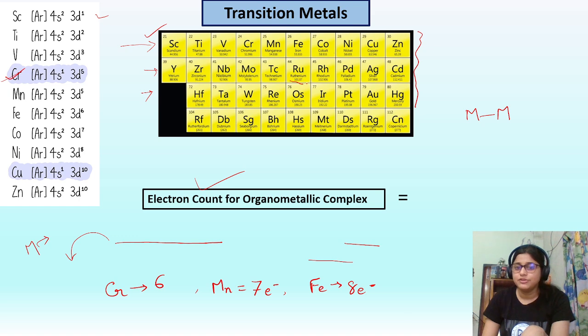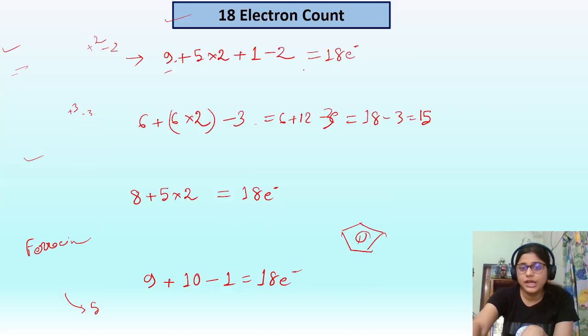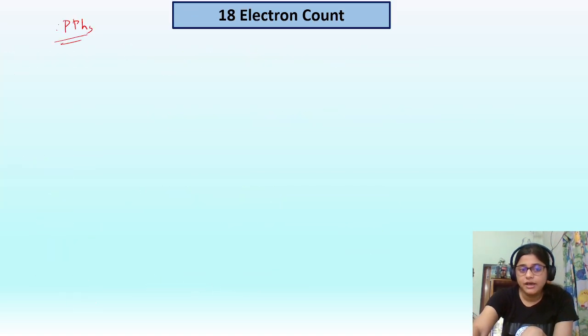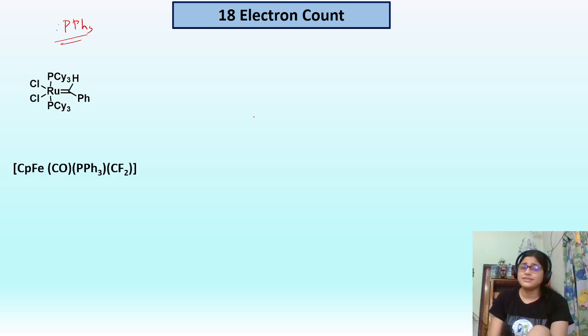Here, right? So in the Fe group, we know that for Fe, the electron count is 8. So it will be also 8. Fine. And PCy3, 2 PCy3s are present, so 2 into 2. And Cl, we know the contribution is 1 from 1 Cl, so 2 Cls are present.